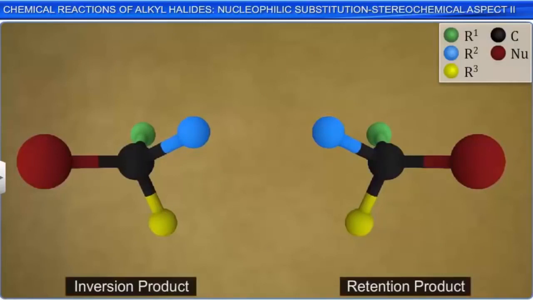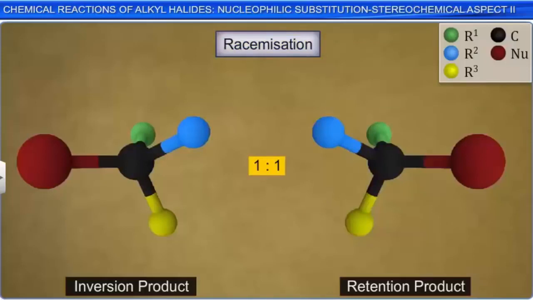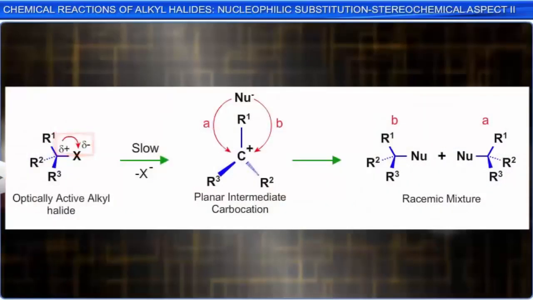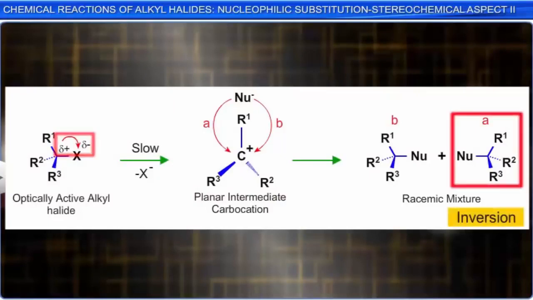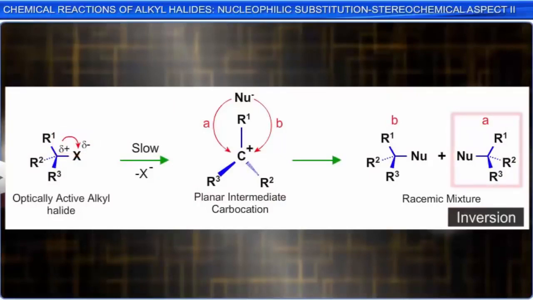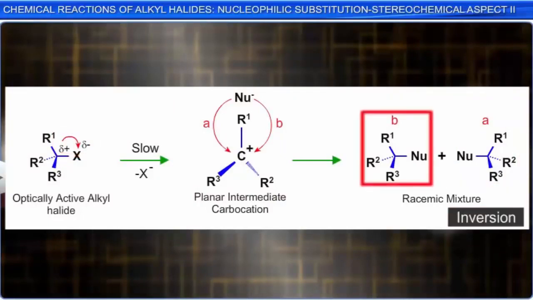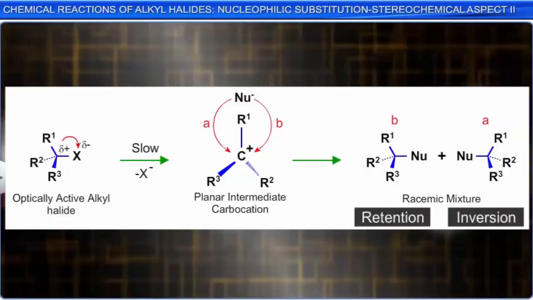This results in the formation of a mixture of products in equal quantities, and this process is known as racemisation. In one of these products, there is inversion of configuration, while in the other, the configuration is retained. Thus, the SN1 mechanism is accompanied by racemisation.